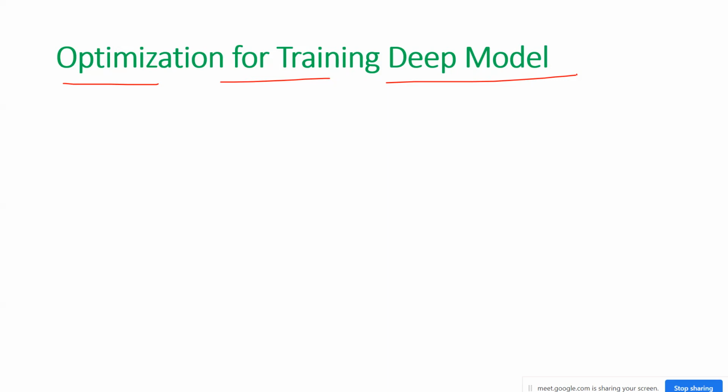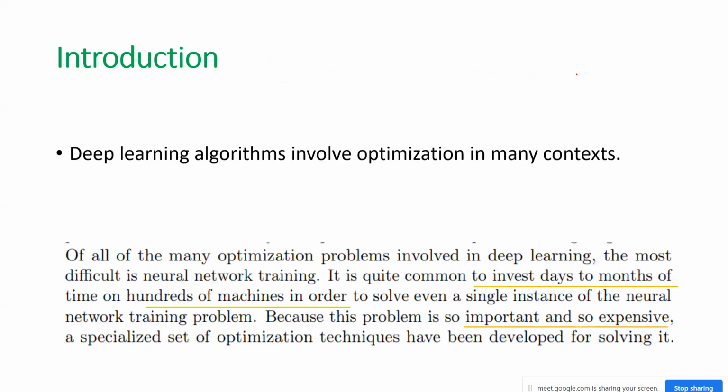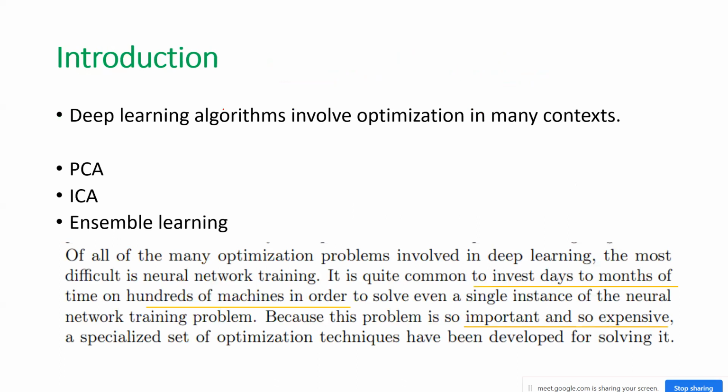For that we have several techniques: PCA, principal component analysis, ICA, independent component analysis, and ensemble learning. Till now we have discussed regularization techniques like bagging, boosting, multitasking and dropout, which follow the ensemble learning mechanism.